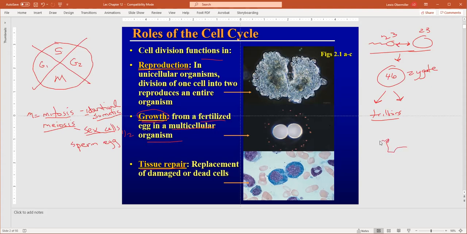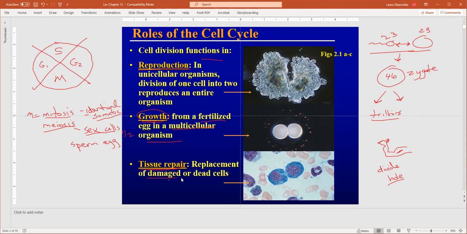It's a terrible arm, but that's okay. Here's an arm. You got a cut on it, right? So you have a gap in that space. And those cells have to divide. You don't really see this because it's scabbed over or whatever. But underneath the scab, those cells are dividing to fill in that hole that you made from whatever you did to your arm.